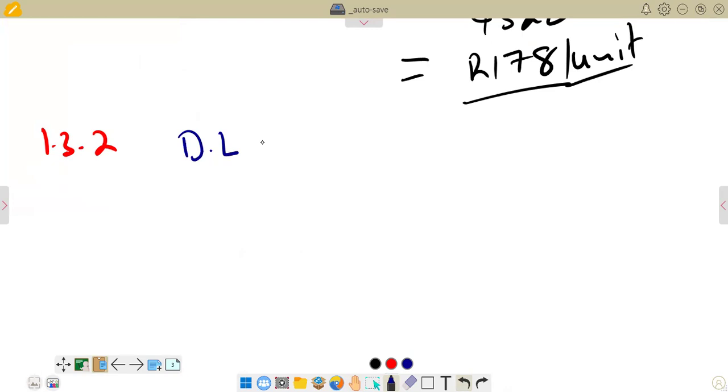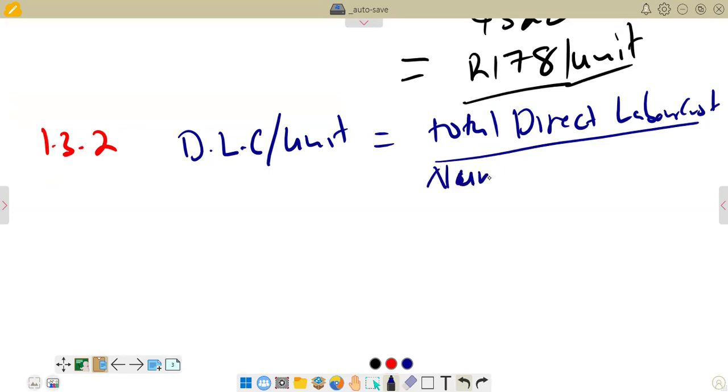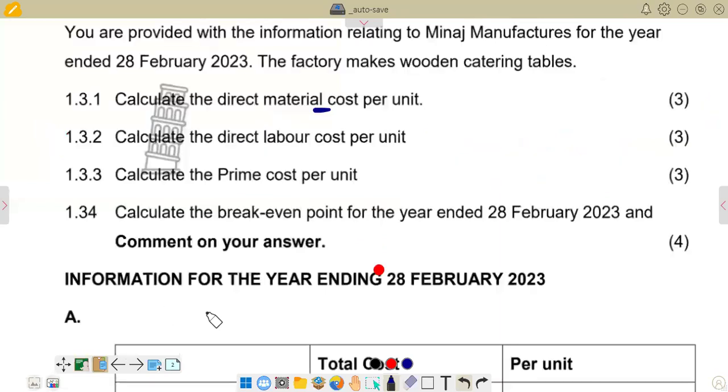We calculate it as total direct labor cost over number of units, where the number of units is not going to change. Remember, we've got 4,320 as our number of units.